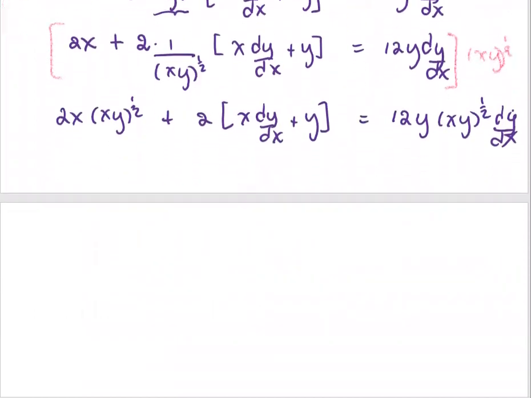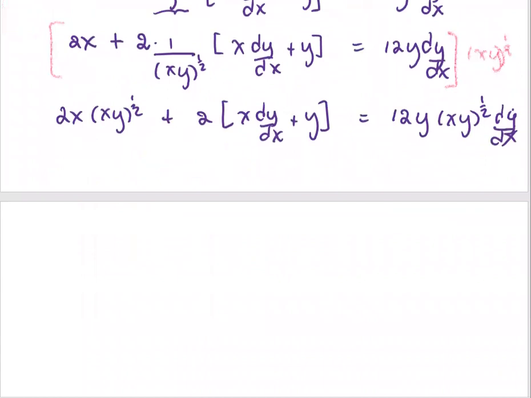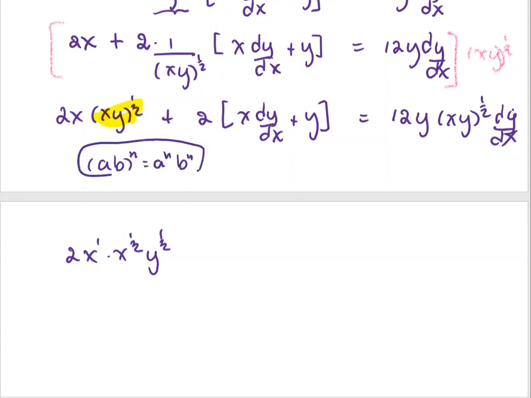Okay. And the next skill that we're going to use, if you did the homework section 11 to 17, is a skill that you're going to use. So 2 times x to the first times x to the power 1/2 times y to the power 1/2, because the quantity a times b to the power n is a to the power n times b to the power n.